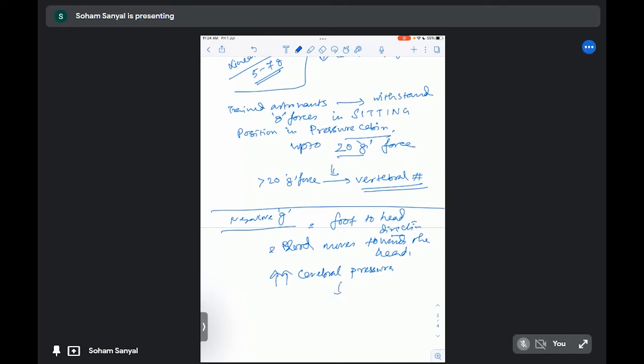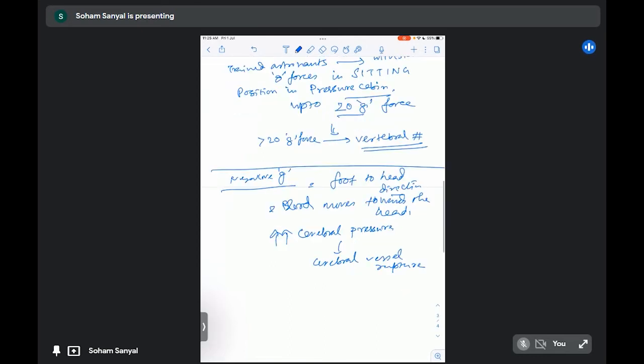So there is a high chance of cerebral vessel rupture, and in coming years you will come to know that this is known as cerebral hemorrhage. So a higher chance of cerebral hemorrhage might happen in case of negative G. And not only that, blood moves towards the head.